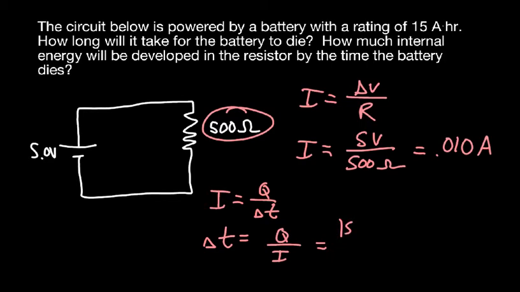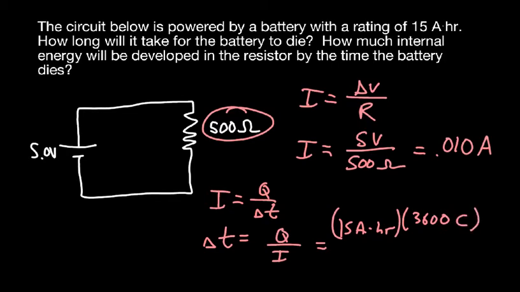Our charge here is 15 amp hours. So 15 amp hours. And let's go ahead and do a conversion here to get this into coulombs. We said in the last slide, it's 1 coulomb per second for 1 amp, and 3,600 seconds per hour.